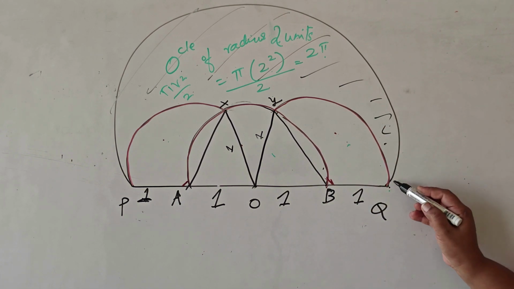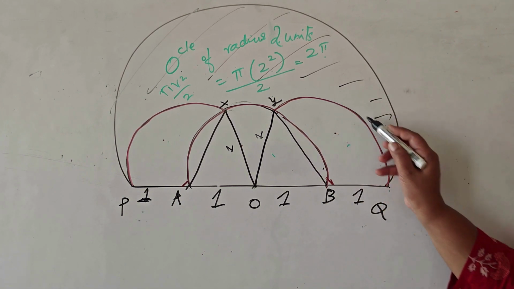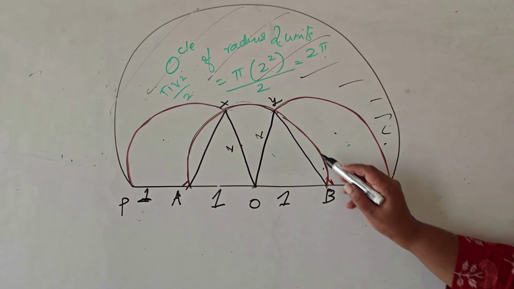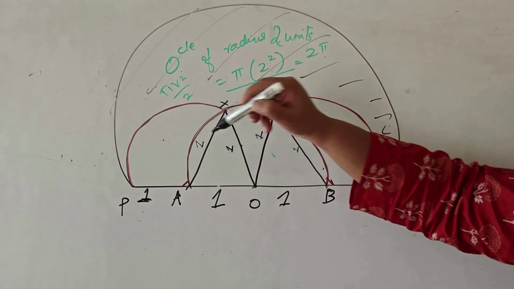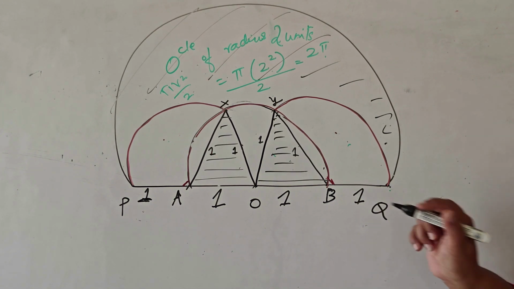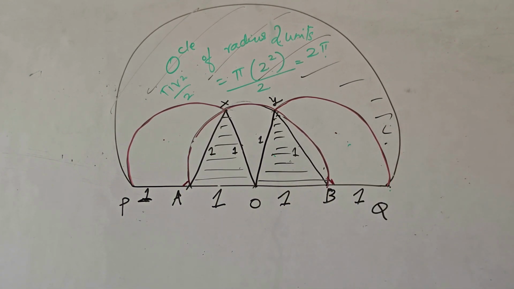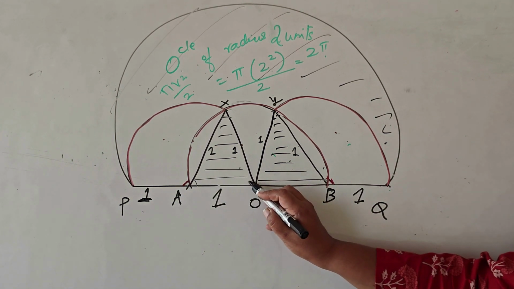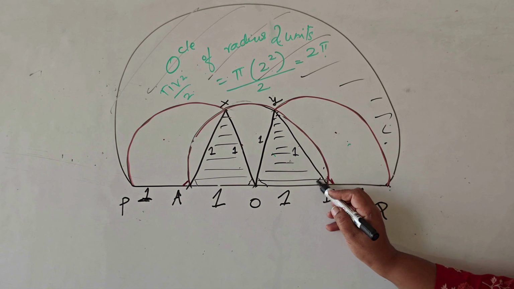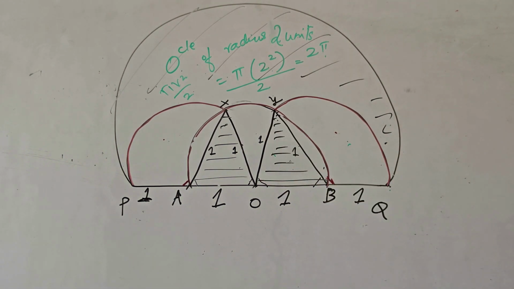It is the radius of the last semicircle over here, so this is also 1. Similarly, this length is also 1. All the three sides of these two triangles are equal to 1 unit, so I can say that they are equilateral triangles. Hence, the angles will be equal to 60 degrees at the vertices. So this is 60, this is 60, this is 60, this is 60, this and this are 60.